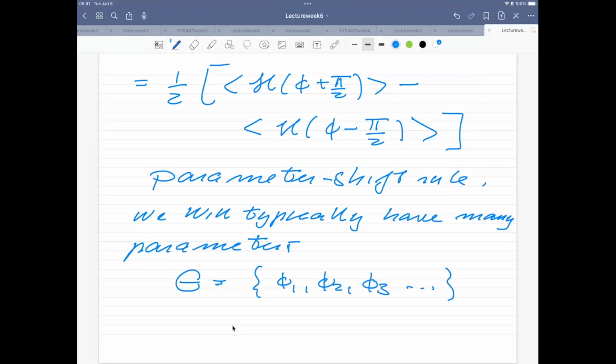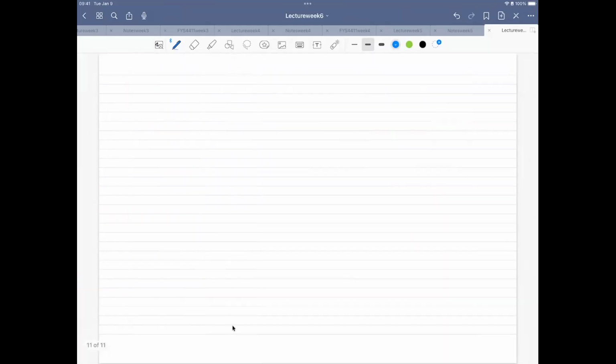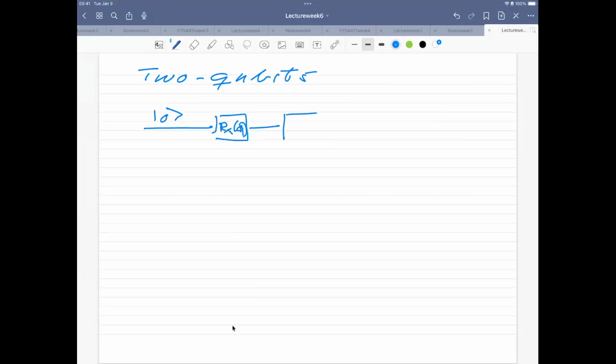A typical ansatz for the wave function, if we have two qubits, and this is the case we're going to look at in more detail after the break in the Jupyter notebook: for two qubits, we would typically initialize the system like this, and then perform a Pauli X rotation with an angle phi 1. Then we could perform a Pauli Y rotation with an angle phi 2.